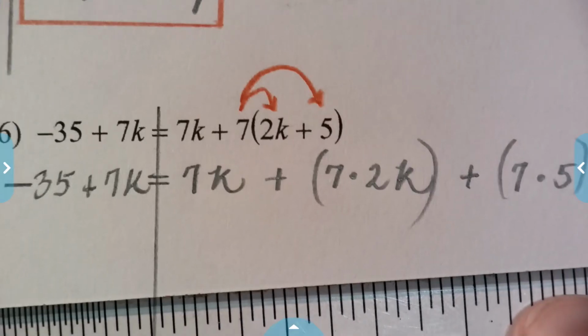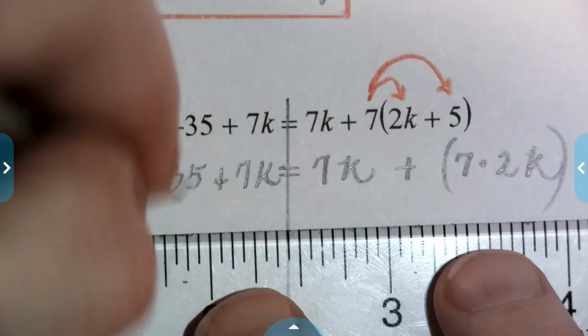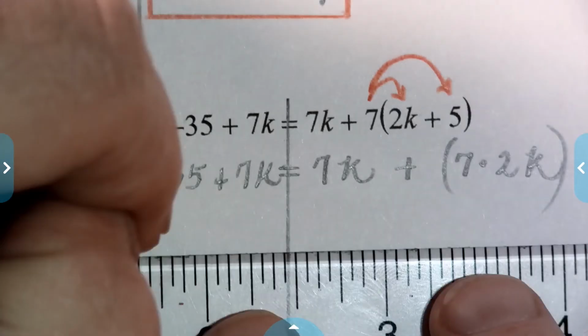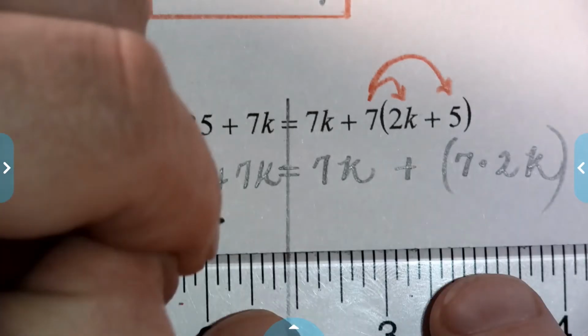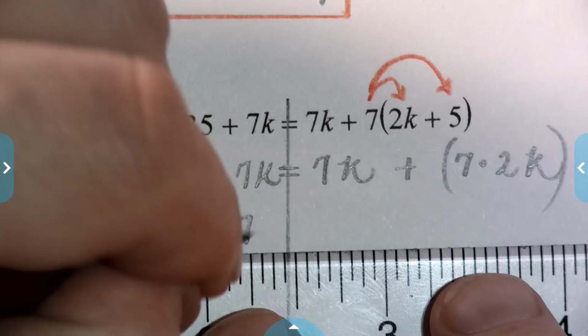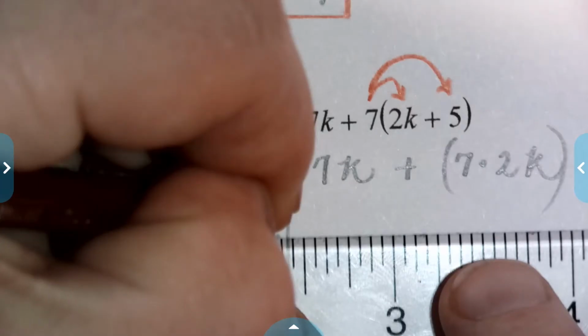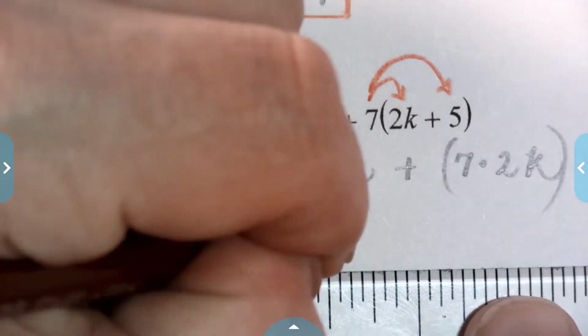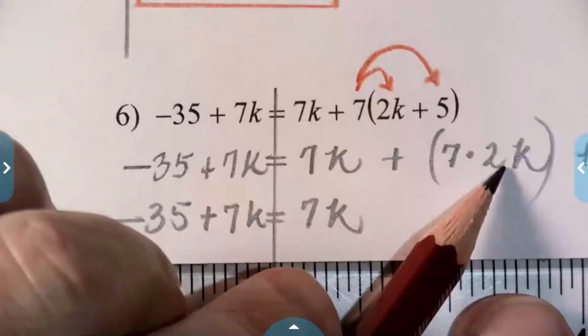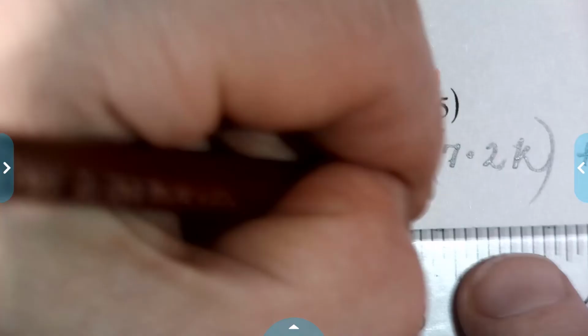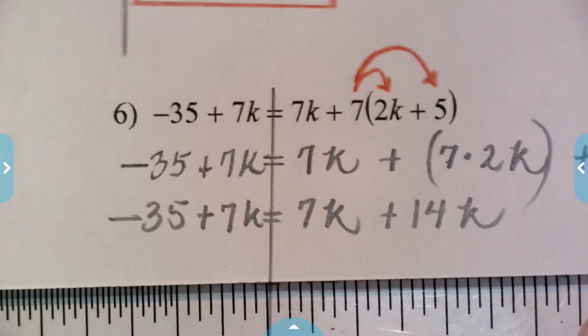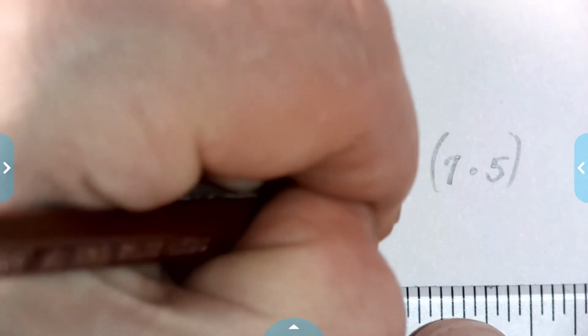All right, so we'll rewrite the left side. Nothing happens here. We have negative 35 plus 7k equals 7k. And then 7 times 2k is 14k, so plus 14k. And then 7 times 5 is 35, so just plus 35.